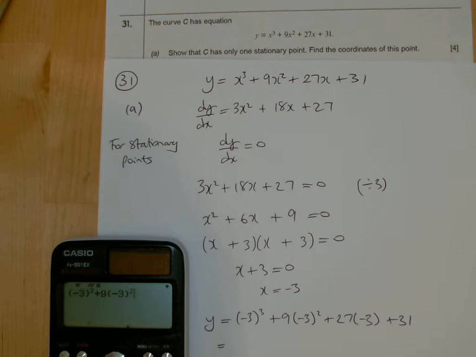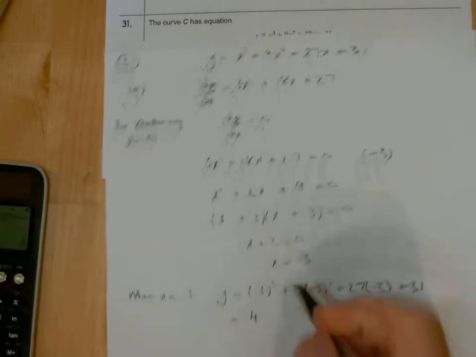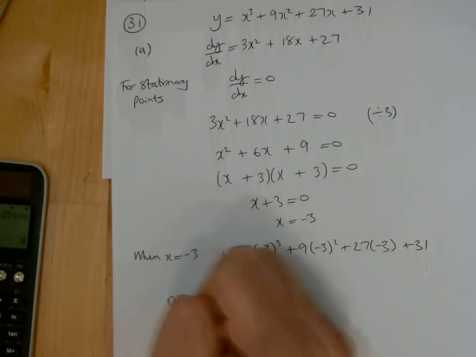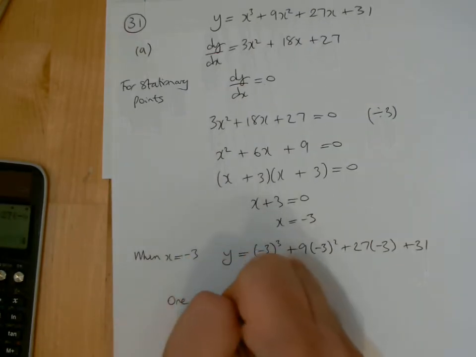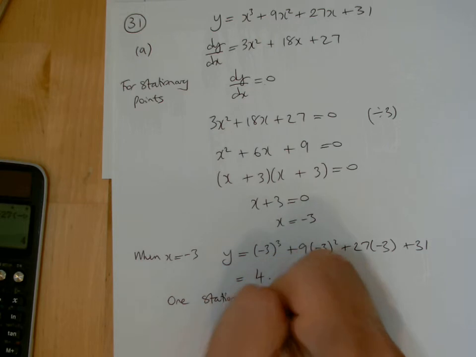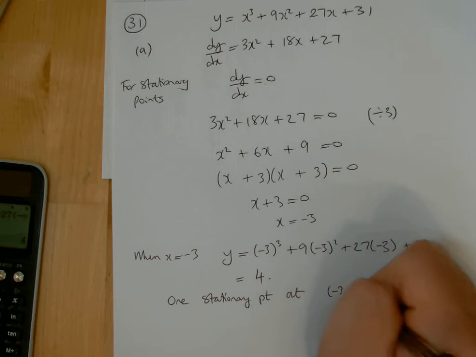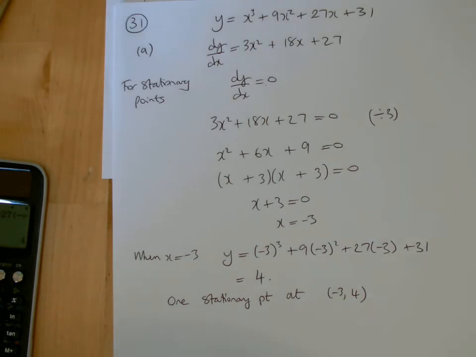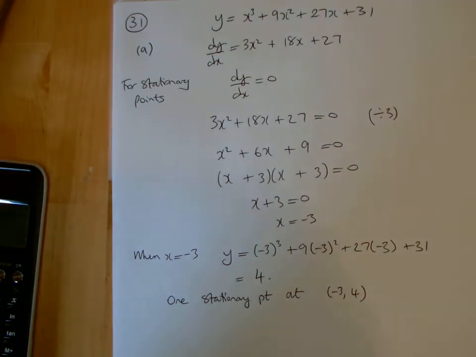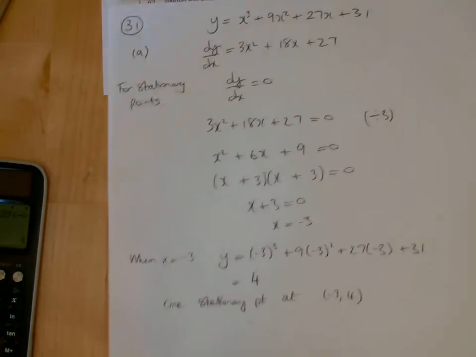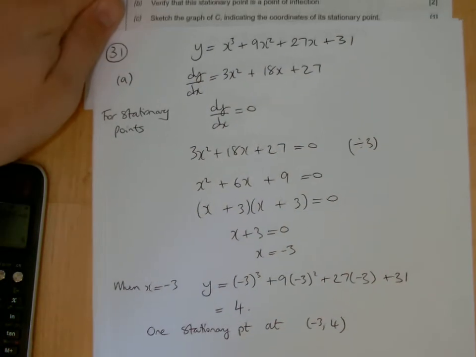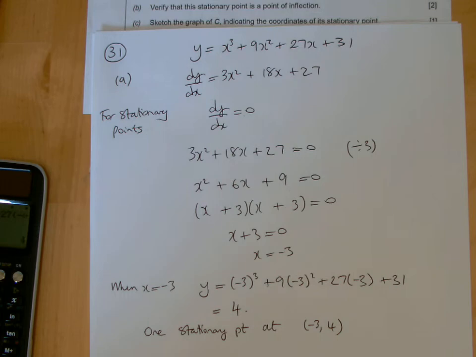That comes out to be 4. So one stationary point at minus 3, 4.